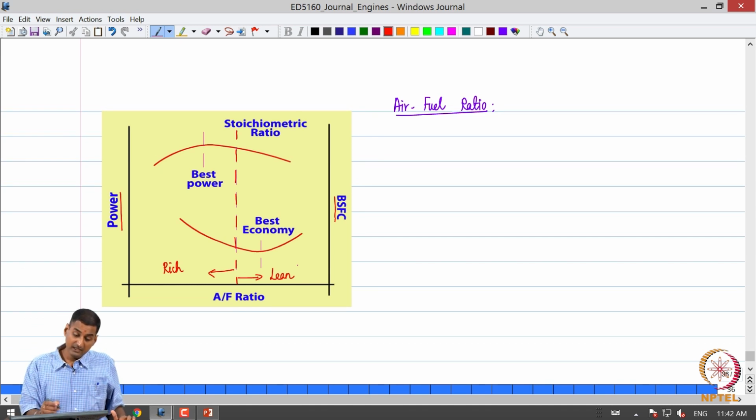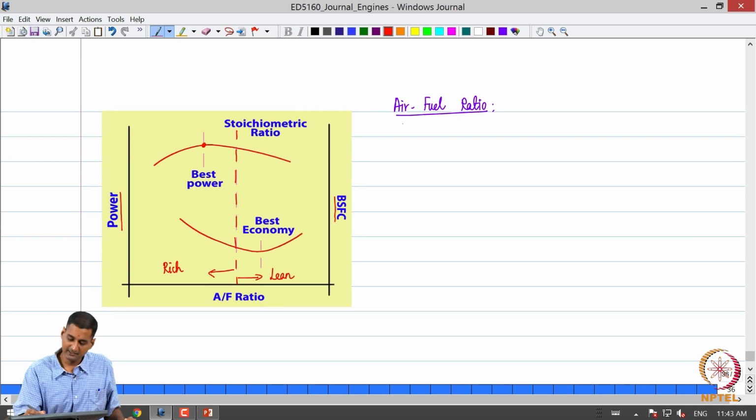If I want to get the best power, we would typically require a rich mixture, because I would want to get more energy output from the engine. So I would want to burn more fuel and essentially get more energy output from the engine.